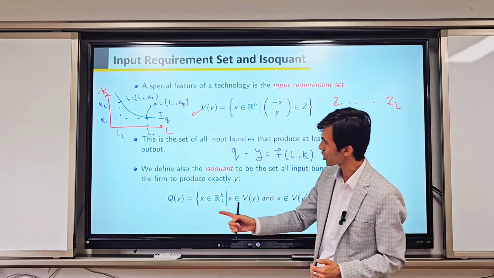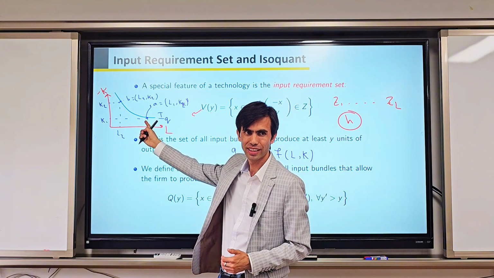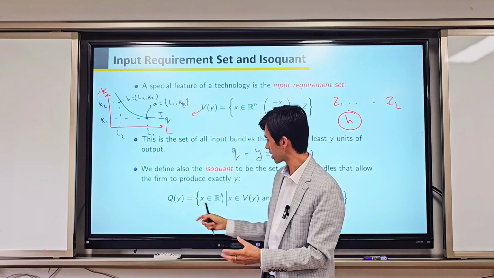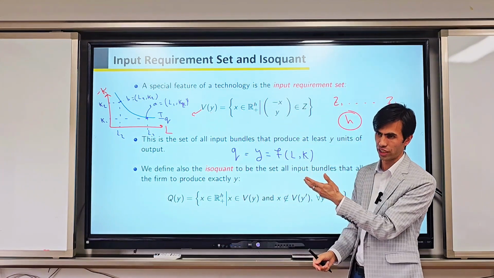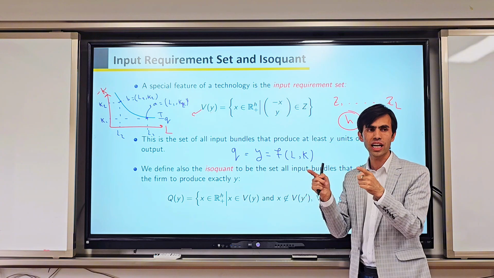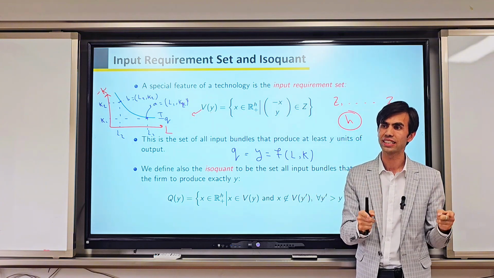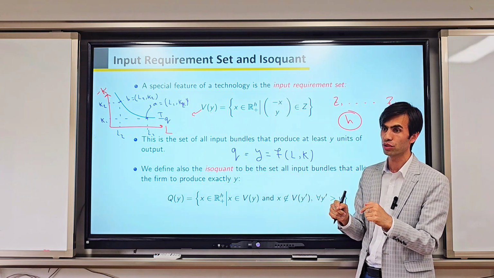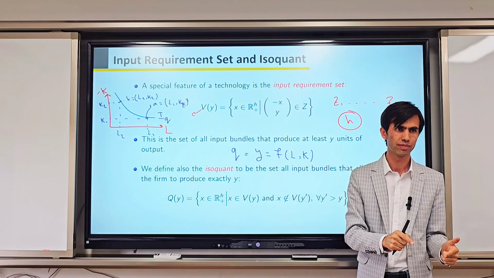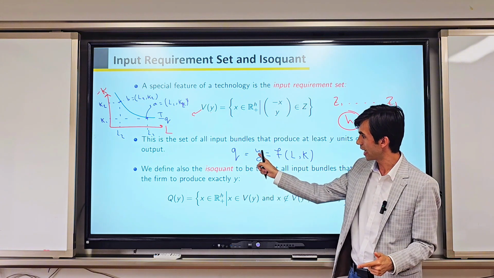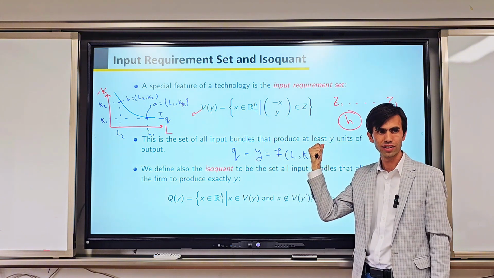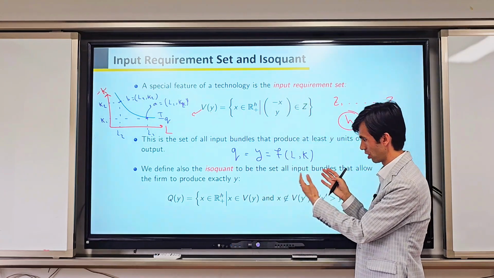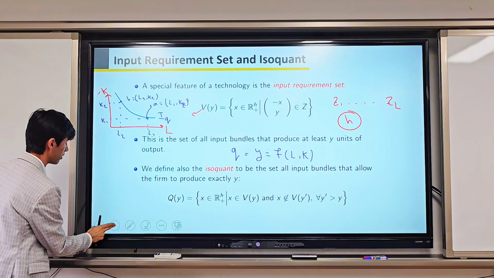As you see, even the shape of this isoquant is similar to the shape of the indifference curve that we have. Because here, just the elements are changing. There we say all the combinations of goods and services that produce exactly the same amount of utility, but here we say all the combinations of input that produce exactly the same amount of output. Here it is output, there it was utility; here it is input, there it was goods and services. That's the only difference that we have.